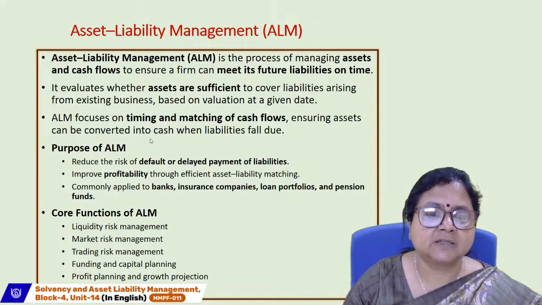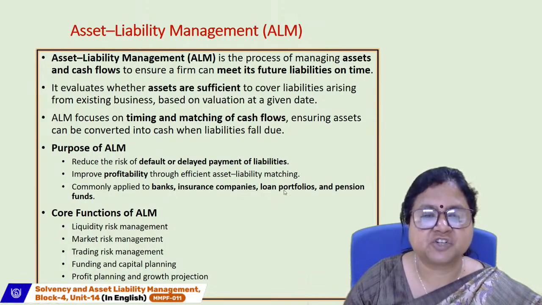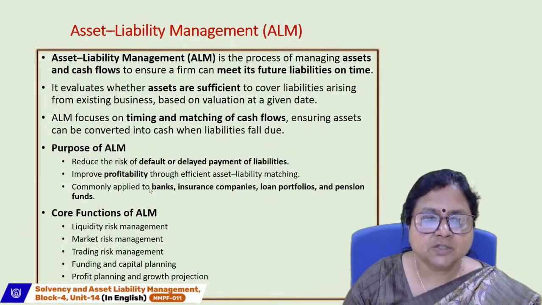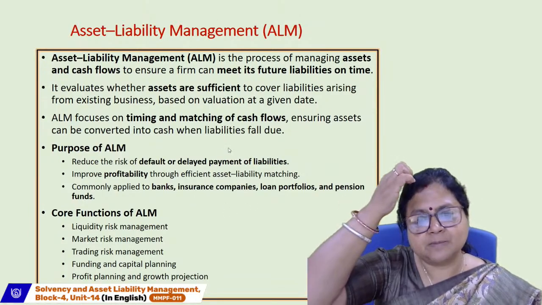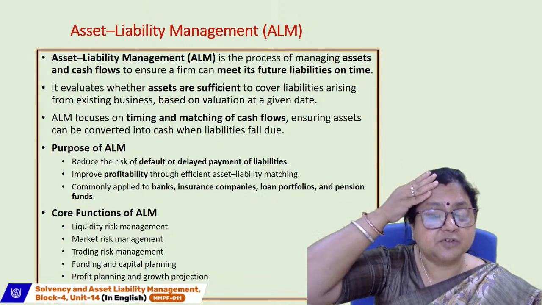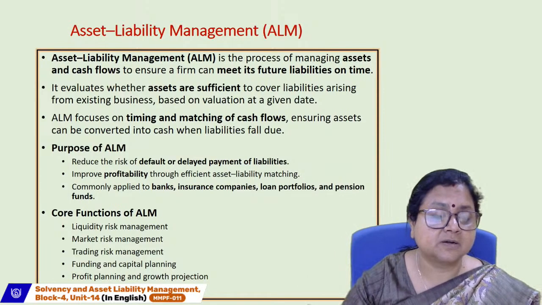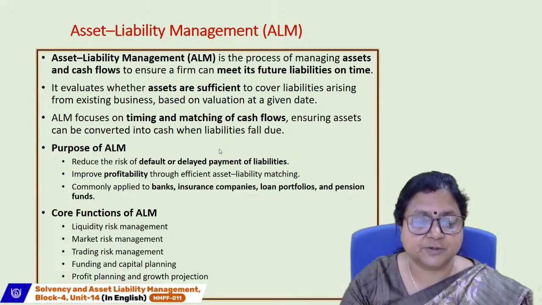This concept is commonly applied not only to insurance companies, but also to banks, loan portfolios and pension funds. All these portfolios need to maintain proper asset liability management, wherein if you are liable to pay something in future to your creditors, then of course asset liability management is a must.